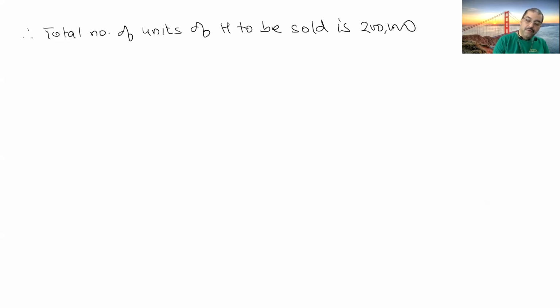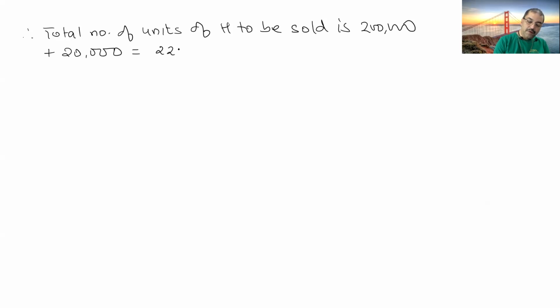Therefore, total number of units of H to be sold is 2 lakhs plus 20,000 units.